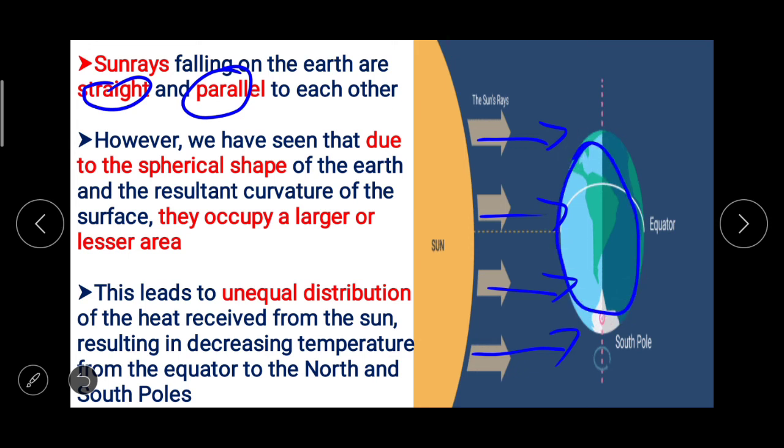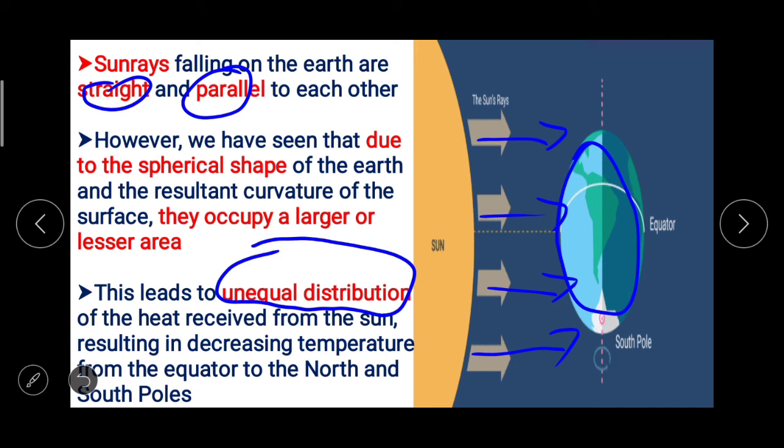As we know, earth का shape हमें पता है कि exactly circular नहीं है, which is spherical. So due to the spherical shape of the earth and the resultant curvature of the surface, they occupy a larger or lesser area, and this leads to unequal distribution of heat.